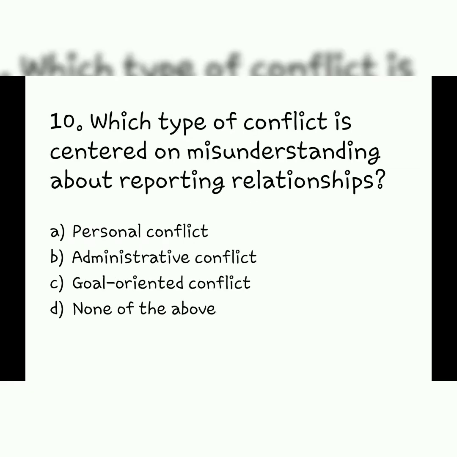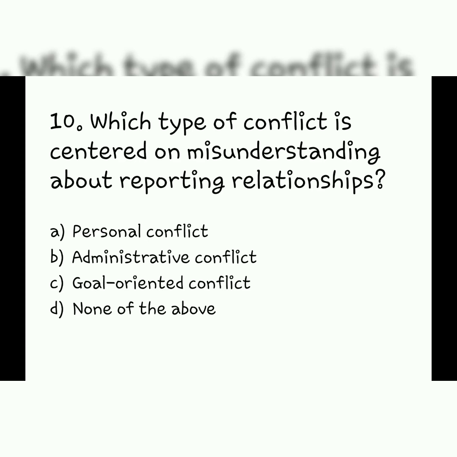We move to our 10th question. Which type of conflict is centered on misunderstanding about reporting relationships? So if in an organization during a project, there is a misunderstanding about who should report to who, how do we call that kind of misunderstanding or conflict?